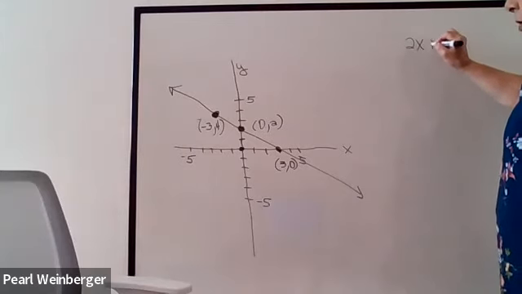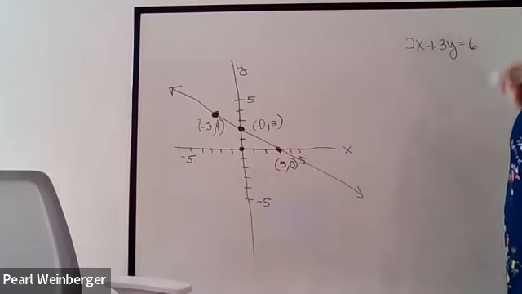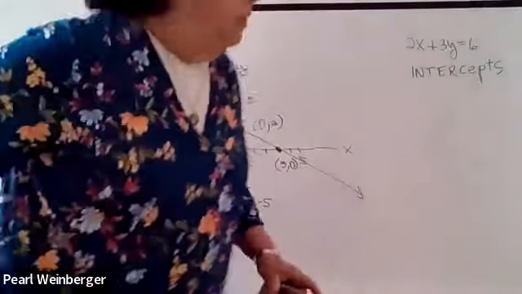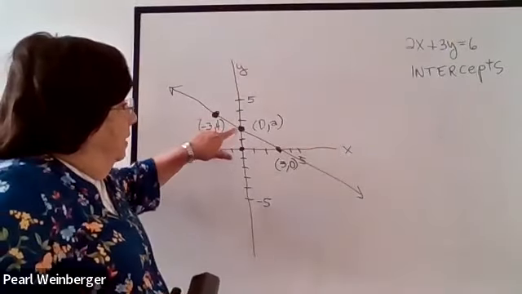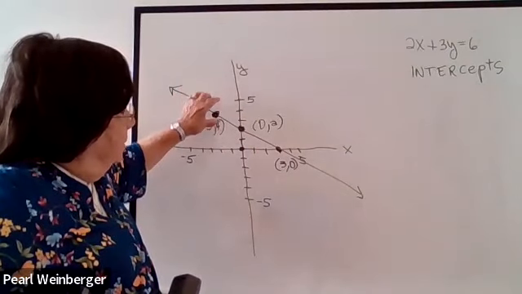So again, here we're starting with our equation. 2x plus 3y equals 6. And what we're going to now find, instead of plotting points, we're going to find the intercepts of the line. If you look at this line that I drew, this point was just sort of out there in space.